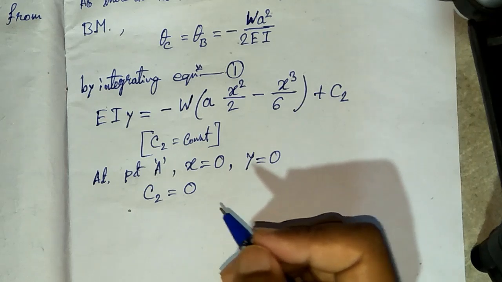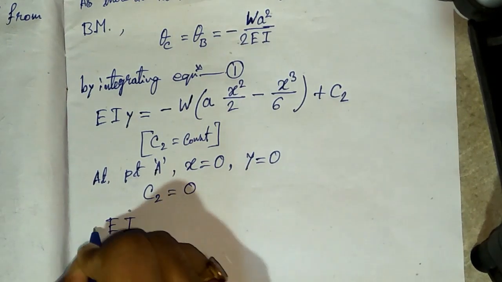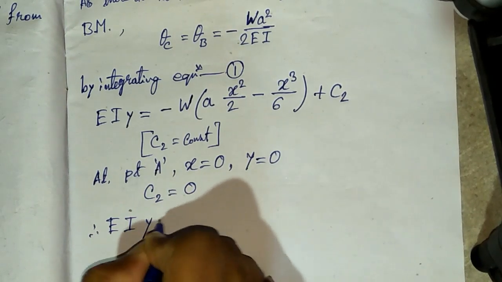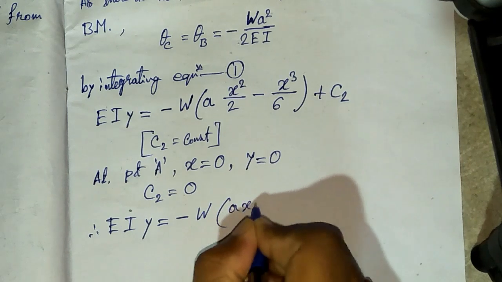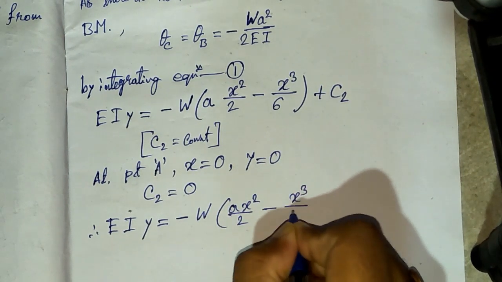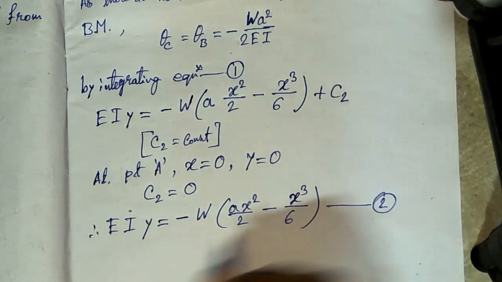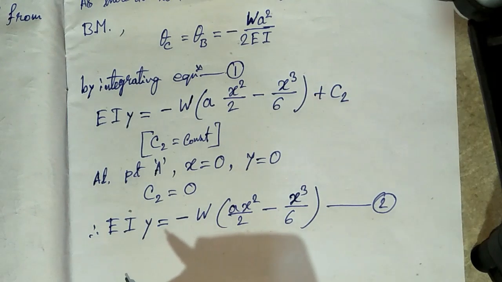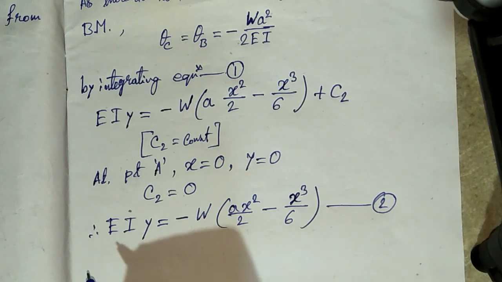So now we can write EI into Y is equal to minus W A x square by 2 minus x cube by 6. This is equation number 2, and we can write this equation as the deflection equation.